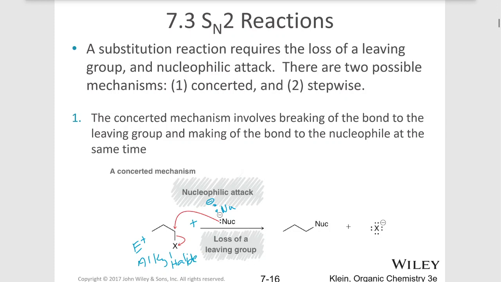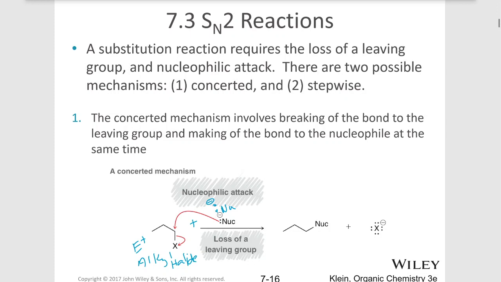The nucleophile is going to have a lone pair or a high region of electron density. It doesn't have to have a negative charge, but for the SN2 reaction, we normally see a nucleophile with a negative charge. Okay, so here we have a nucleophile, and we have two reaction arrows.